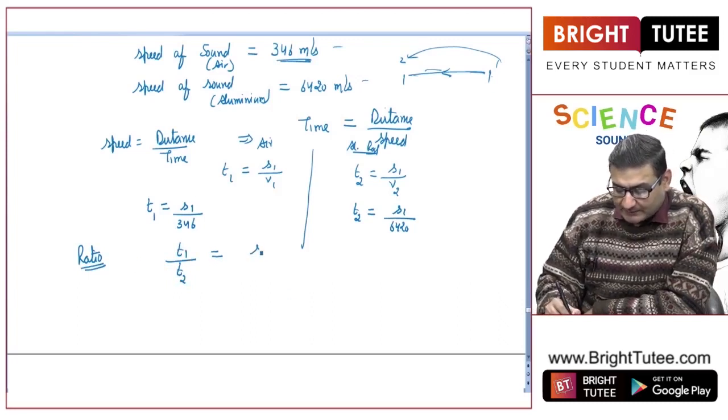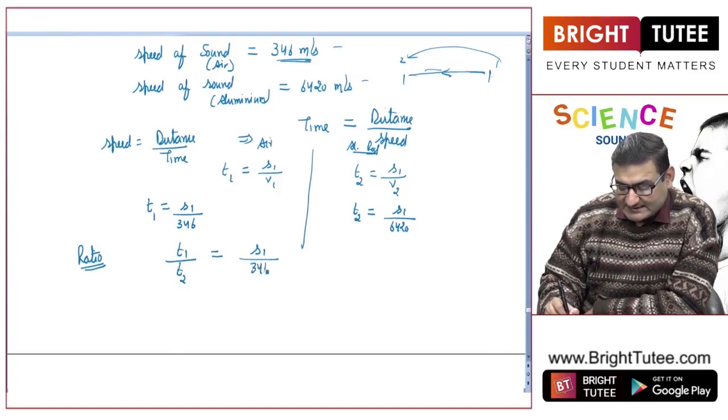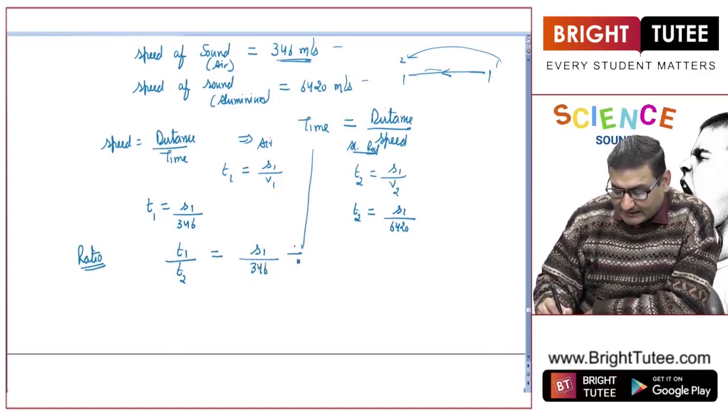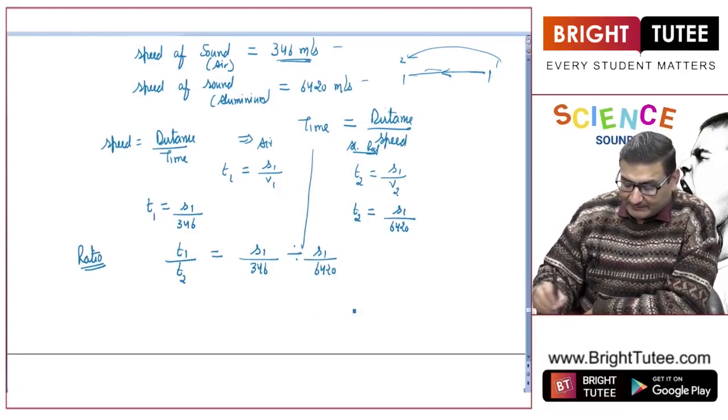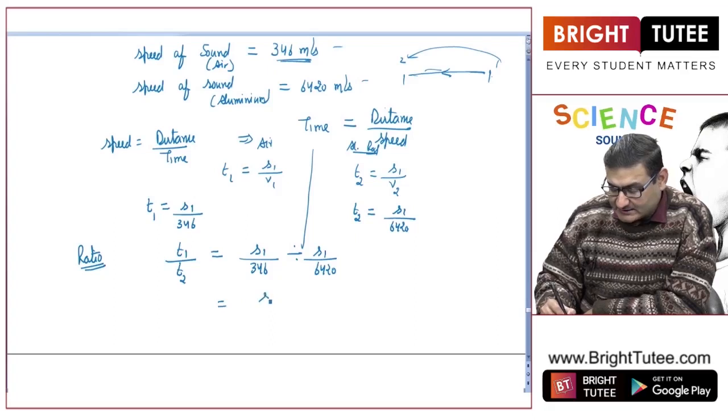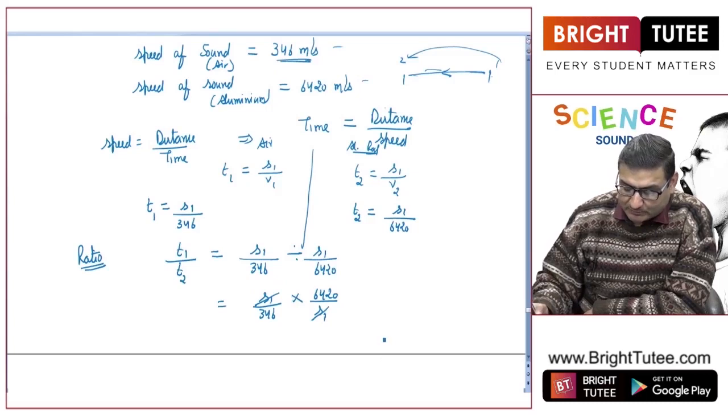That means T1 by T2 is S1 upon 346 divided by S1 divided by 6420. Exchanging the sides, S1 upon 346 multiplied by 6420 divided by S1. I can just strike off S1 because both values are the same.